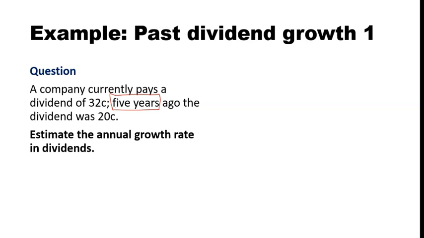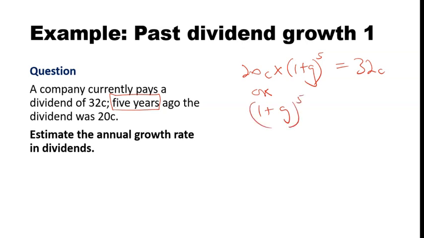So we are simply saying 20 cents multiplied by 1 plus g to the power 5 is equal to 32 cents, or 1 plus g to the power 5 is equal to 32 cents over 20 cents.